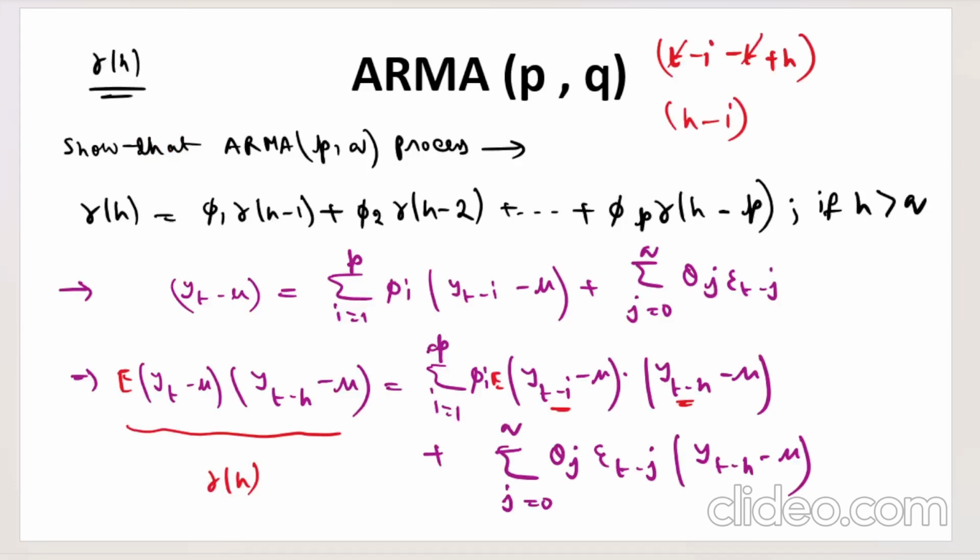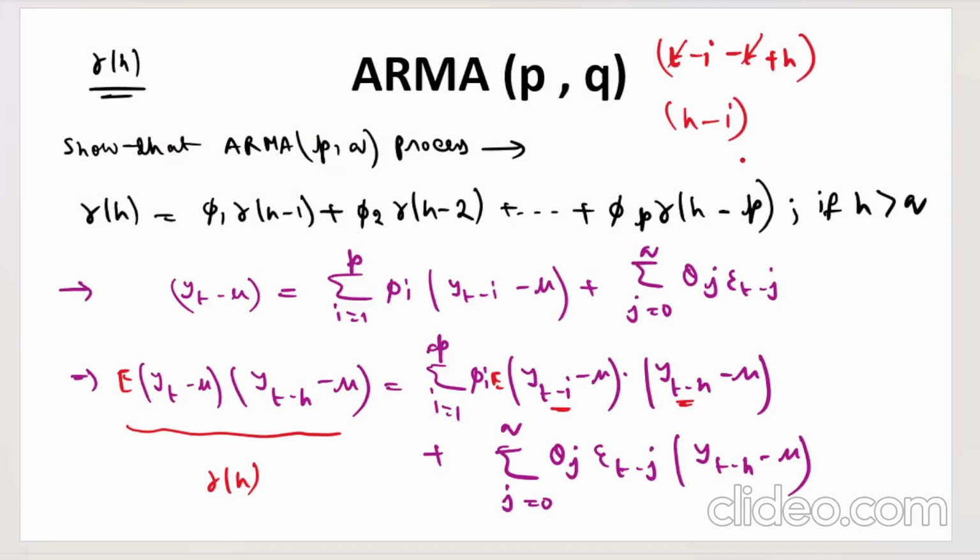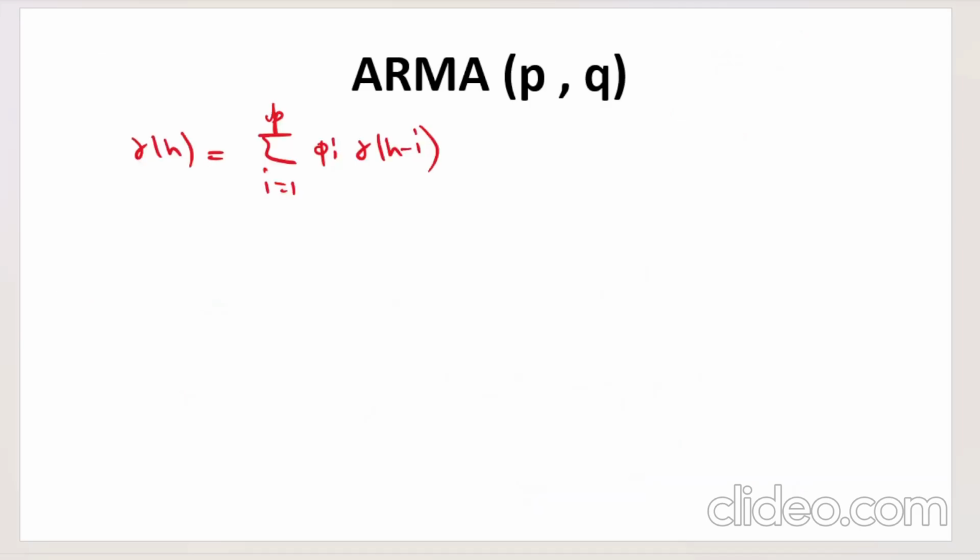So let me write, gamma h is summation i from 1 to p phi i, and then you have gamma h minus i. This is what we got here, h minus i, and plus summation j from 0 to q.